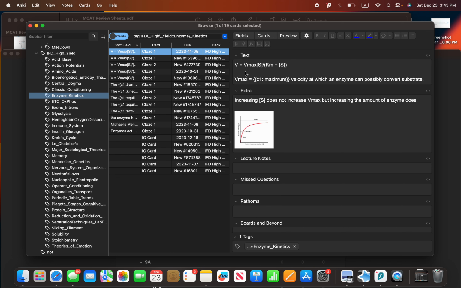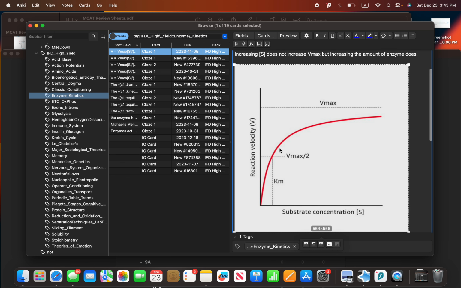We have V, which is the speed of the reaction, and we have Vmax, which is the maximum speed of the reaction that you can get. We have the substrate concentration. We have Km, which is the Michaelis constant, and it is basically the concentration of the substrate at half of the Vmax.